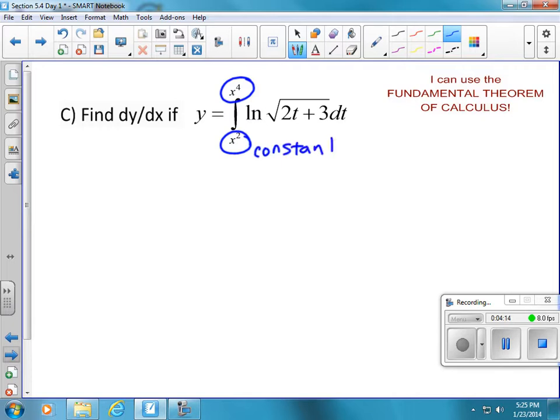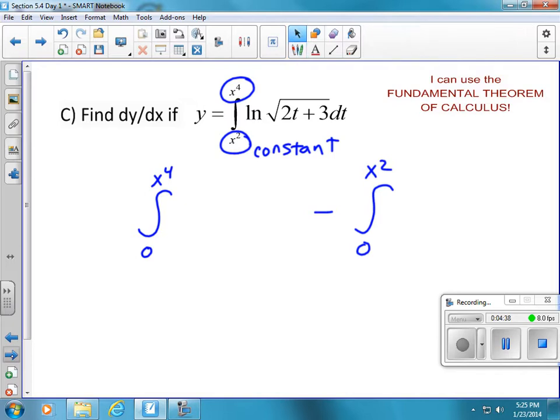All right, so we are going to take this integral and break it up and go from 0 to x to the 4th, and then subtract 0 to the x squared. So we're taking the area under the curve from 0 to x to the 4th and subtracting 0 to x squared. And that will give us the area in between x squared and x to the 4th. Tricky, huh? Yes, we're always tricky here.